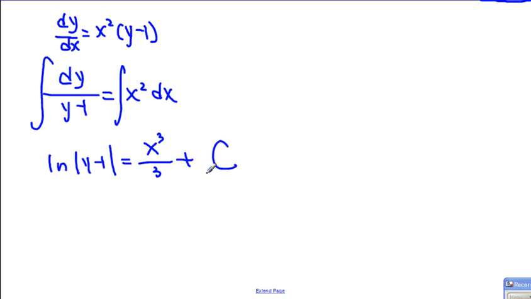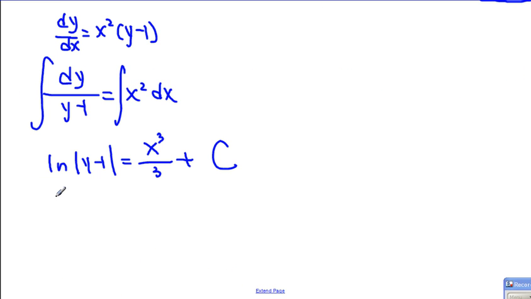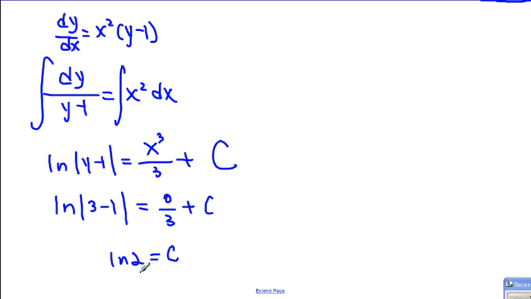We have no idea what the constant would have been, but we realize that when you plug in 0 for x, y will be 3. So in other words, ln of 3 minus 1 will be equal to 0 over 3 plus c. Then you will realize that c will be equal to ln of 2. So there we have it.